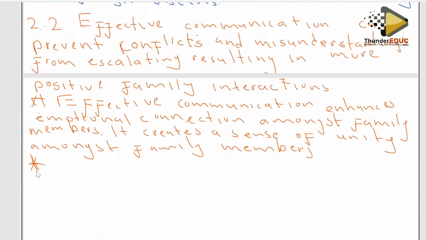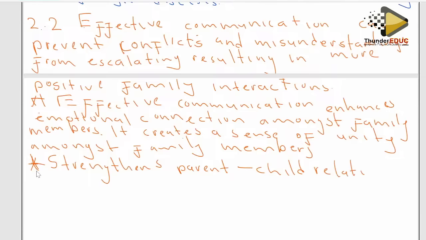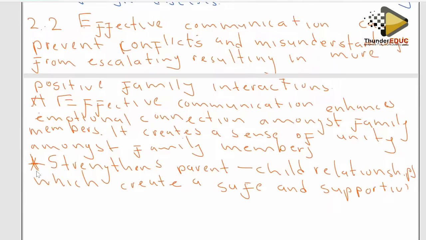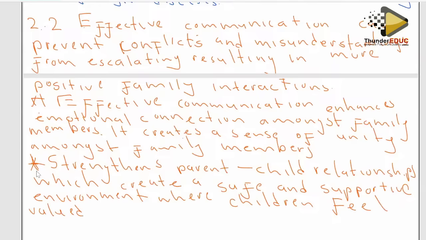In addition to that, effective communication strengthens parent to child relationships, which creates a safe and supportive environment where children feel valued and understood.